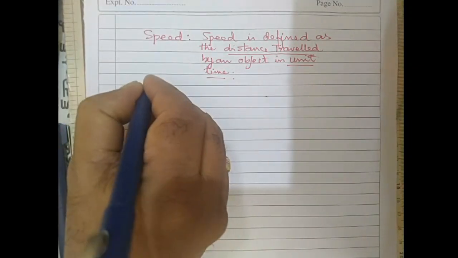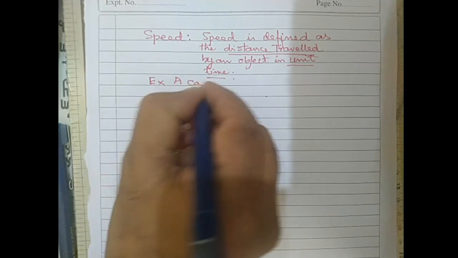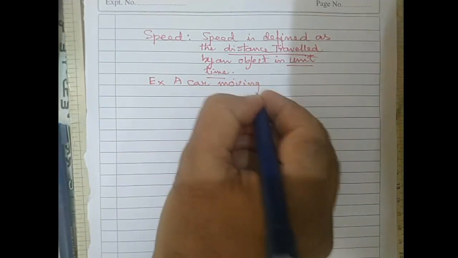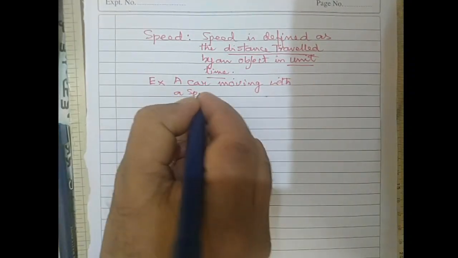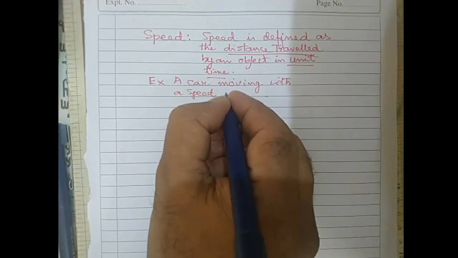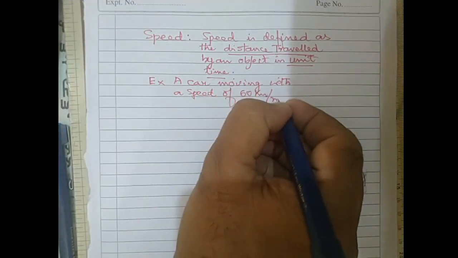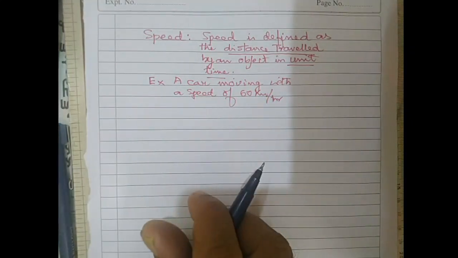Now let us see an example of this one. A car moving with a speed of 60 kilometer per hour, we say 70 kilometer per hour, 60 kilometer per hour, like that. And here I have to tell you one thing.